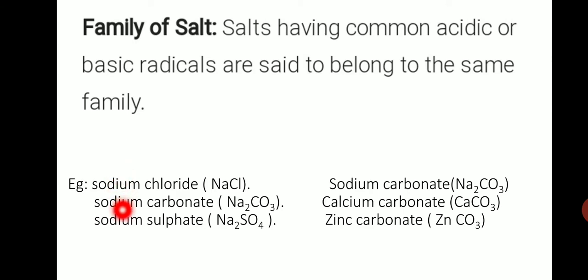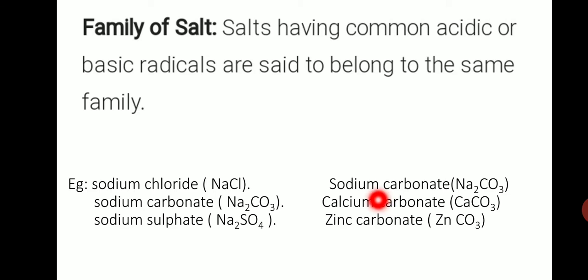We call them sodium salts because the positive ion of these compounds is the same. They are prepared from the same compound, sodium hydroxide. So the negative ions are different but the positive ions are the same. So we can call this a family of salts. Which family? Sodium salts.